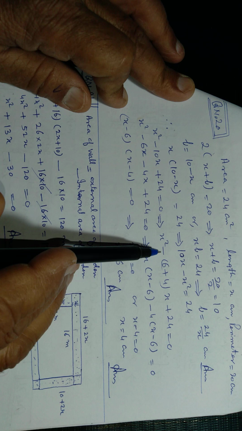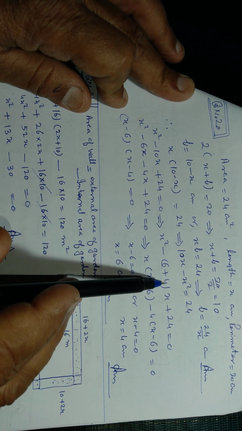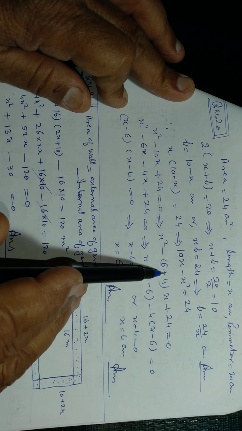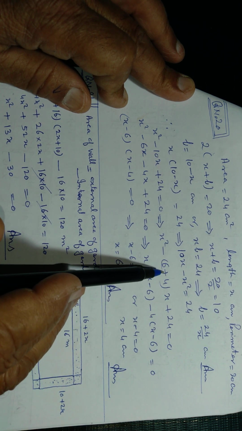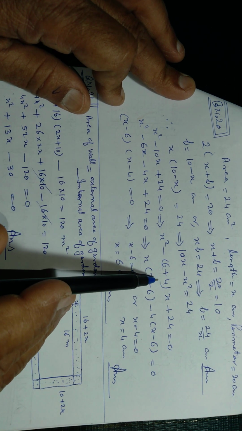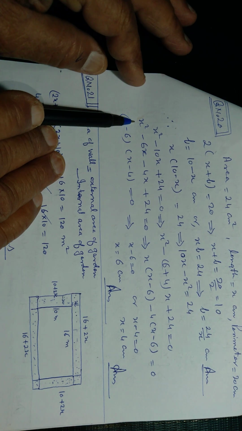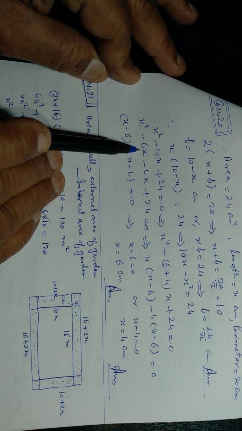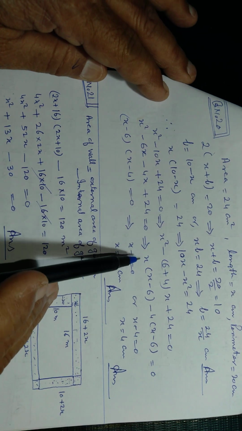x square minus (6 plus 4) in bracket, 6 plus 4 is equal to 10, 6 into 4 will be equal to 24. So we have to just split this. Now open this bracket. So we will get x square minus 6x minus 4x plus 24 equal to 0.